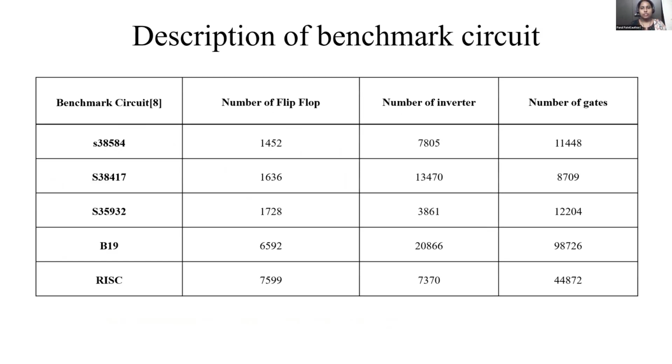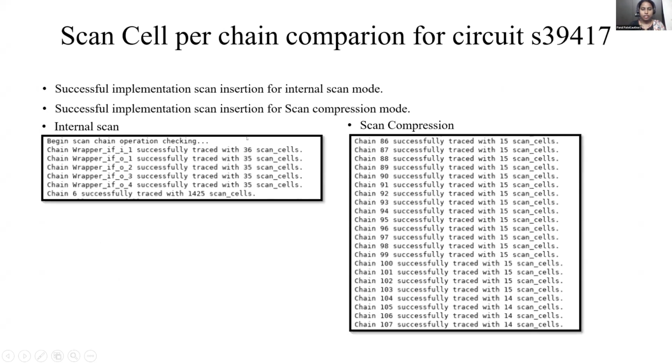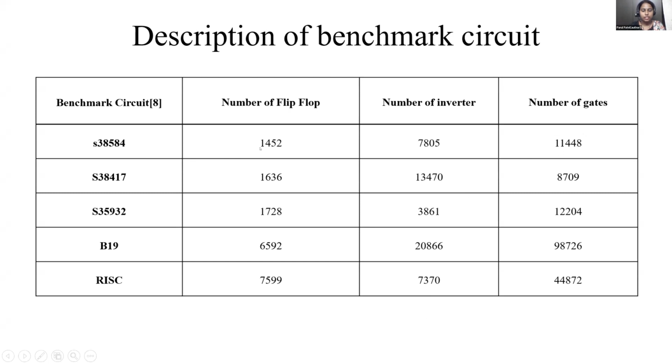To do this comparison and investigation, I have used benchmark circuits. I have done this comparison on 5 benchmark circuits, and these are the details of those circuits. The first three are from ISCAS: S38584, and the main thing we should look at is the number of flip-flops. S38584 has 1,452 flip-flops, S38417 has 1636, and S35932 has 1728.